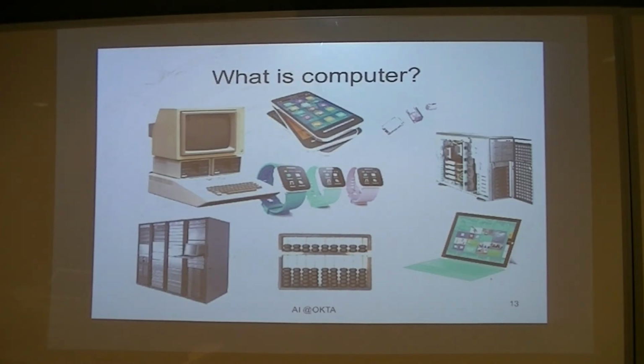And if you block that current, it's a 0. Using what? Switch. We can use the switch. So that 0 or 1, it's a convenient way to represent 0 or 1, like the switch.